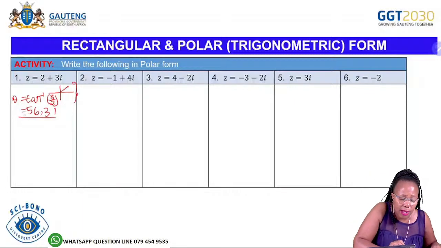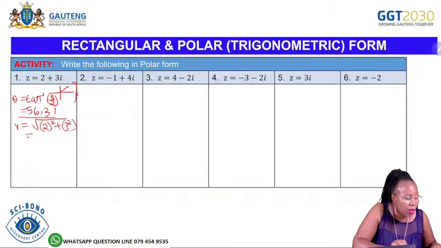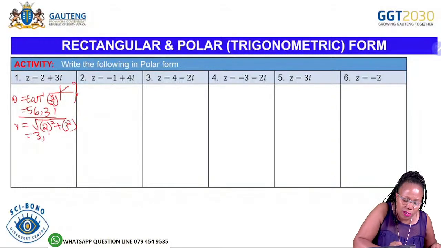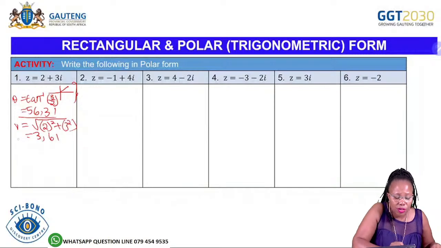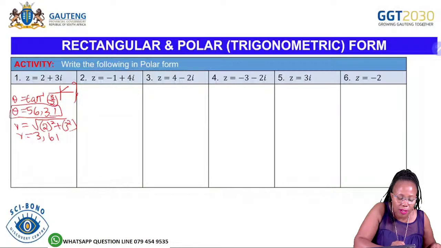And then from here we need to calculate R, which is our modulus. R will be the square root of A squared plus B squared, 2 squared plus 3 squared. You just put this into your calculator straight to the answer, Grade 12. That will give us 3,61. Then that is your R, that is your theta. With these two values we can now have our polar notation.